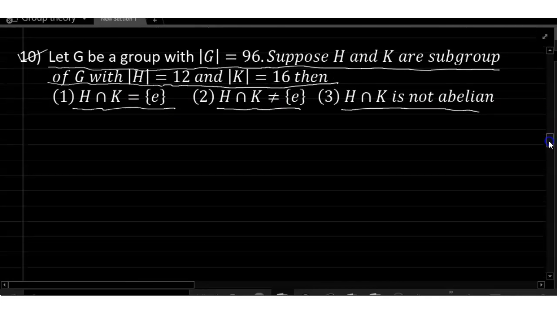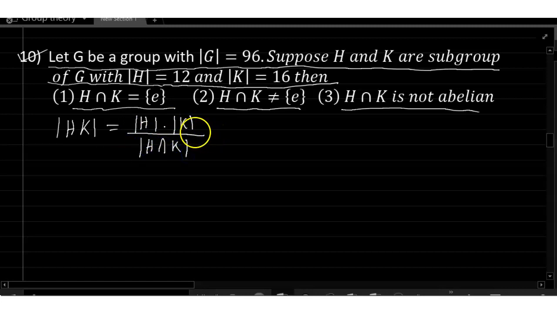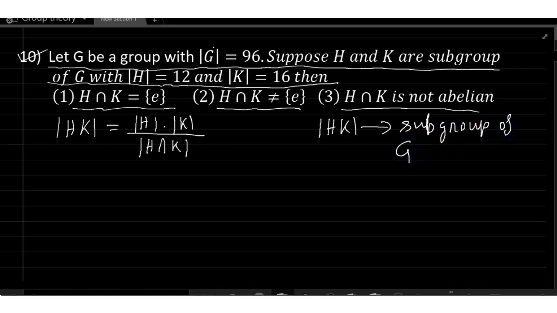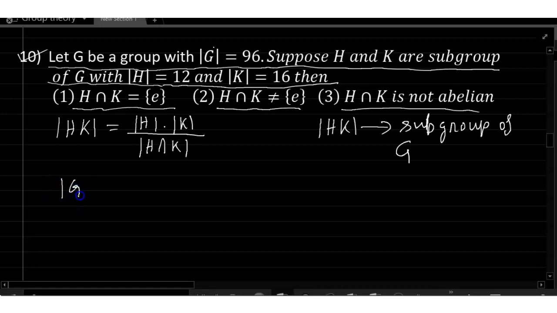So friends, know this formula: order of HK equals order of H into order of K over order of H intersection K. So HK is a subgroup of G. Order of G equals 96, that means 2 to the power 5 into 3.